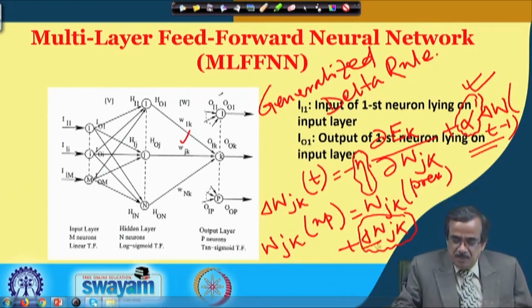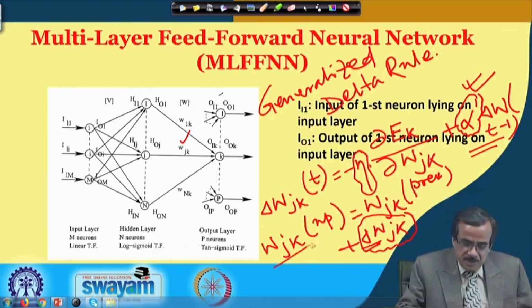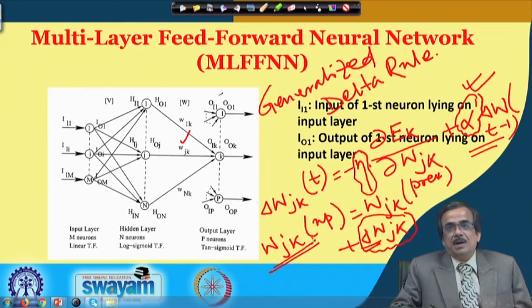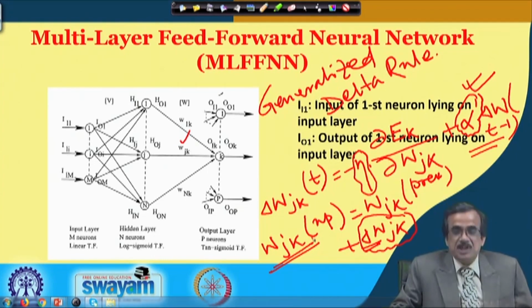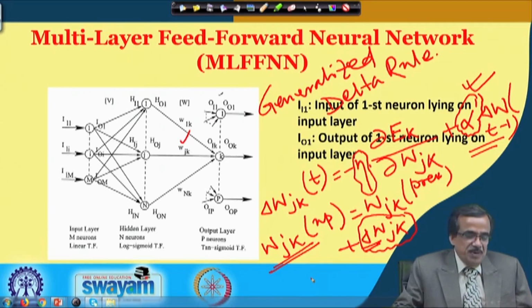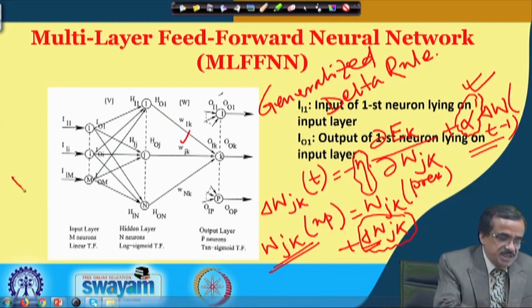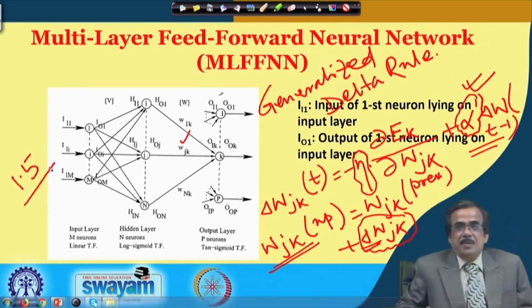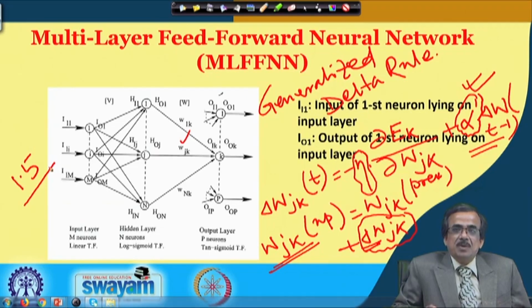This delta W could be either positive or negative, but fortunately or unfortunately I am getting the positive value for a large number of consecutive iterations. Then what will happen to this W j k updated? There is a possibility that it will come out of the range, that means it will become greater than 1. Supposing that W is becoming, say, 1.5, whereas the maximum limit for W is, say, 1.